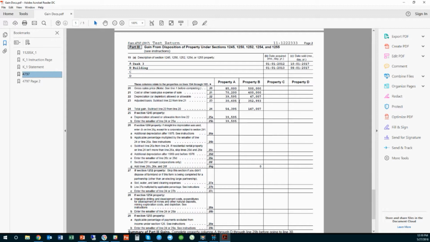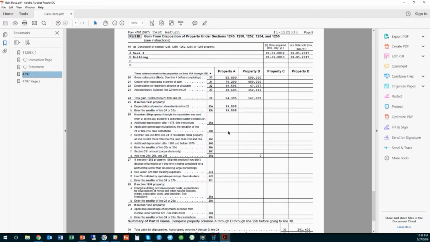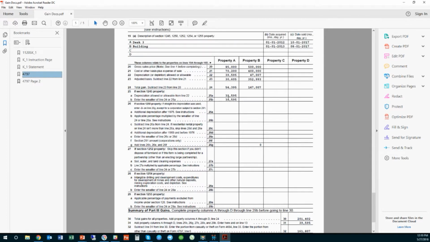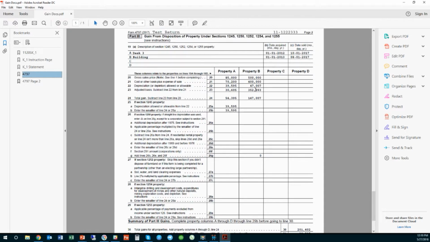That's the total gain. We know that gain is going to be split between 2 different kinds of gains, and that starts to happen right here in this next section. If 1245 property, how much of it was depreciation? Now, if I scroll down, I'm going to see some of the totals down here, but before I go to the first page and show you where this thing really breaks down, let me show you property B, which is the building.